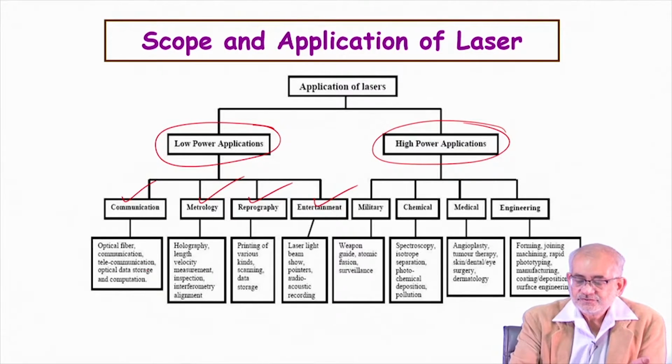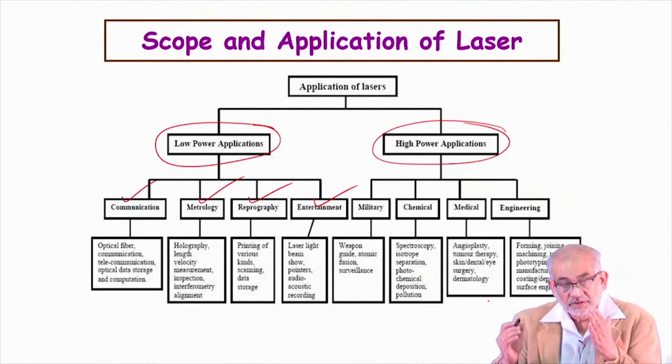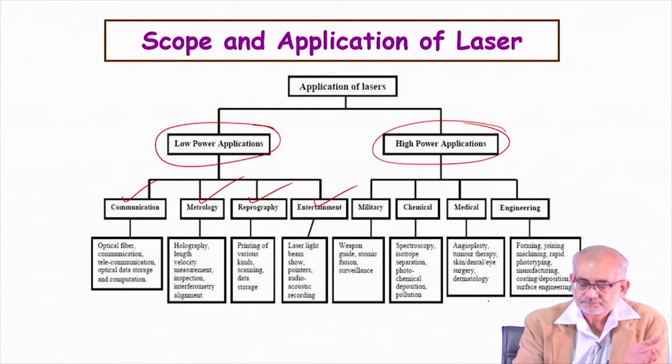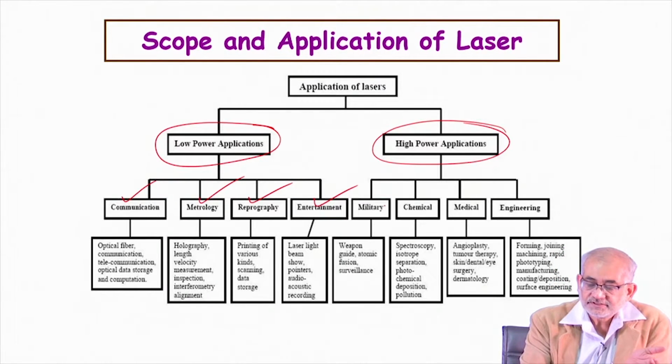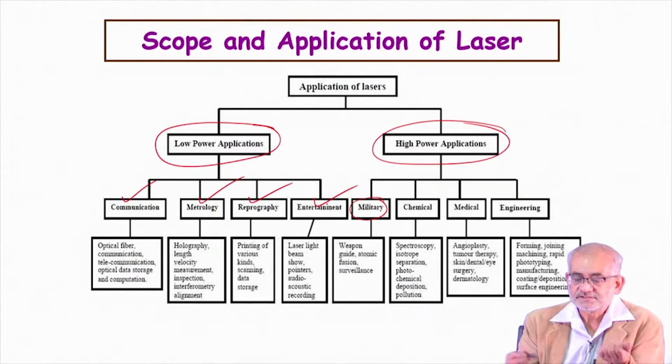On the other hand, using high power laser, we can do various types of applications involving hardware. In the extreme, one can think of various military applications, including weapon guidance or atomic fusion, surveillance, and so on.